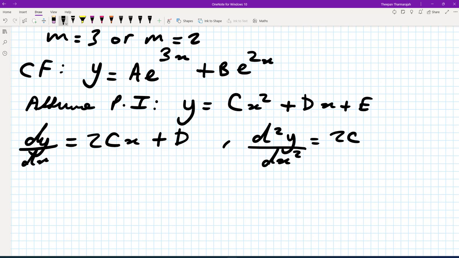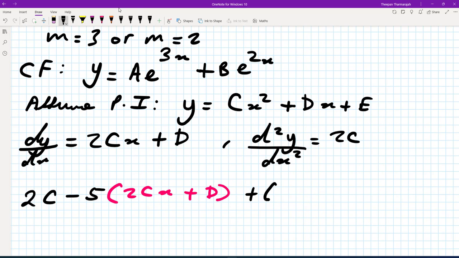So it's going to be d squared y by dx squared, which is 2c, minus 5 multiplied by dy by dx, which is 2cx plus d, and then plus 6 times y, which is the particular integral form, cx squared plus dx plus e, and now all of that is equal to 3x squared.